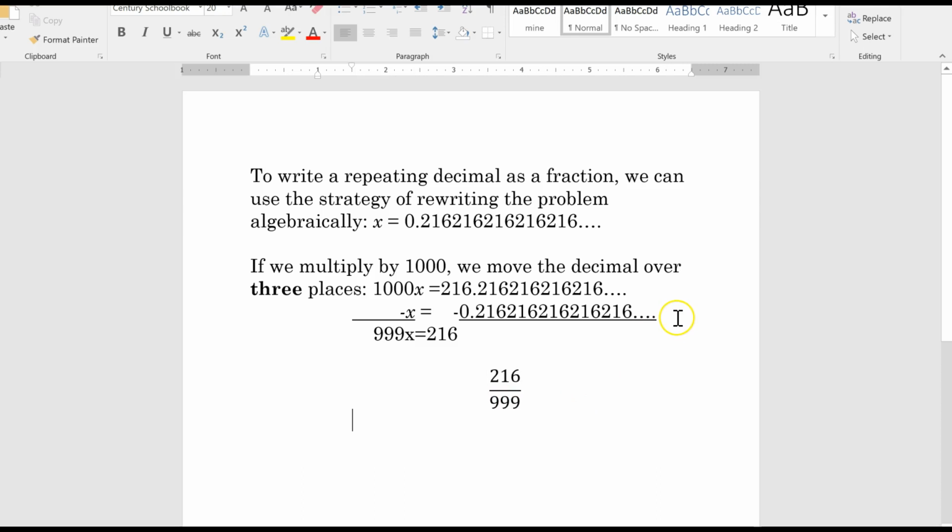So now your fraction is going to be 216 divided by 999. Now you can check if you can simplify this fraction by using your divisibility rules. If you look, 2 plus 1 plus 6 adds up to 9, so this top number is divisible by 9. And you know 999 is divisible by 9, right?